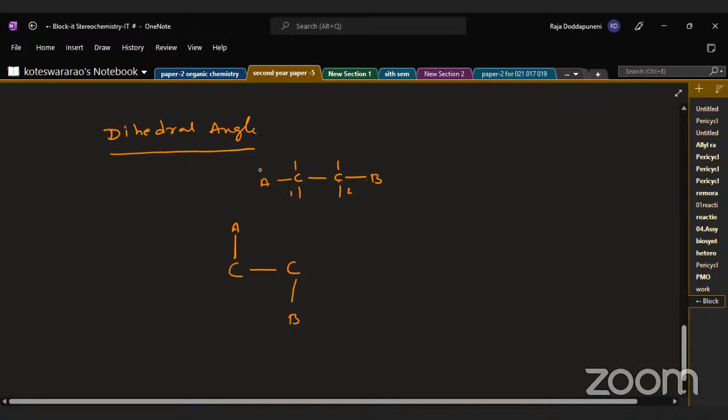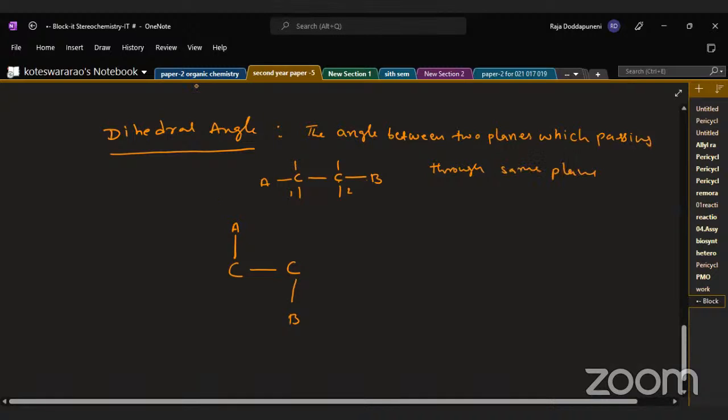The dihedral angle is the angle between the two planes which are passing through the same molecule.